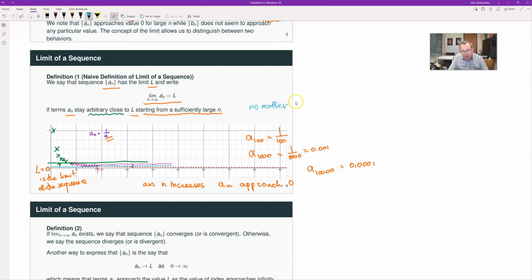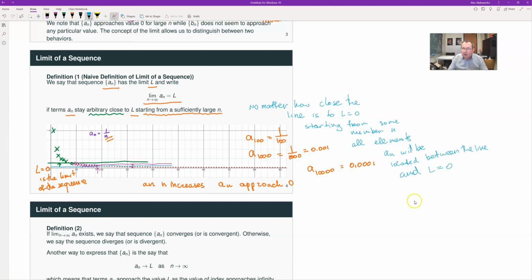No matter how close the line is to L equals 0, starting from some number n, all elements a sub n will be located between the line and L equals 0. And that's what the definition of the limit of a sequence means.